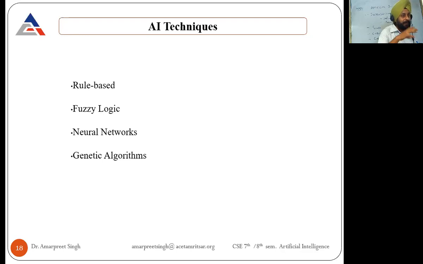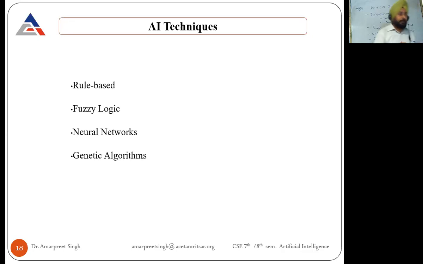We cannot give the exact measure of something where ambiguity and vagueness are always there, which is not clear. Those terms are known as fuzzy terms. And to deal with those terms in the real world, fuzzy logic is used. So we will be doing one chapter on fuzzy sets and fuzzy systems.